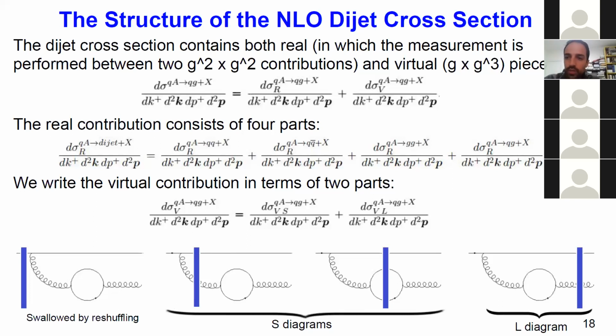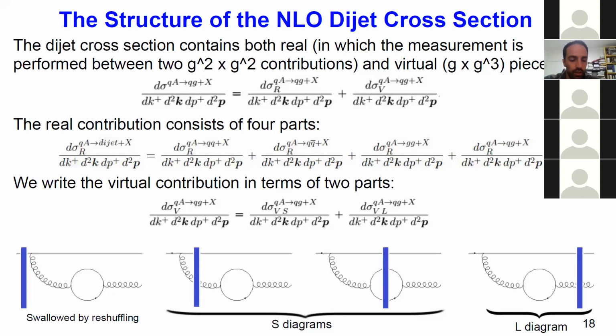They always come with a respective minus sign between these two diagrams, in such a way that when the quark and anti-quark are shrinking, these two diagrams are canceling each other. That's why it was good to treat them together.